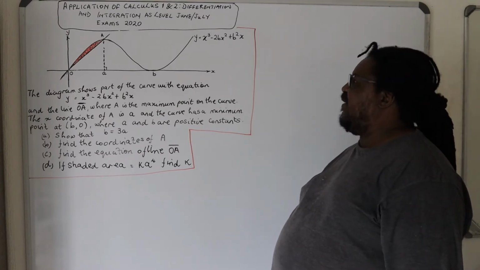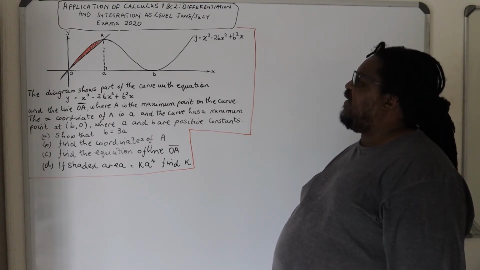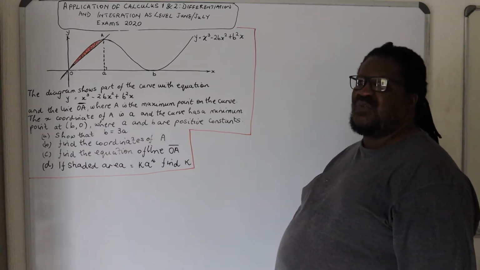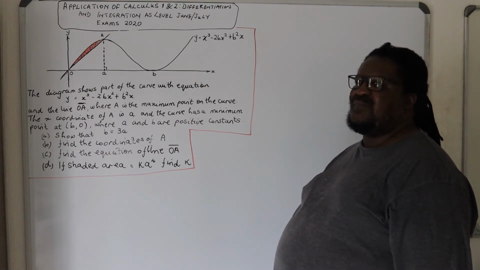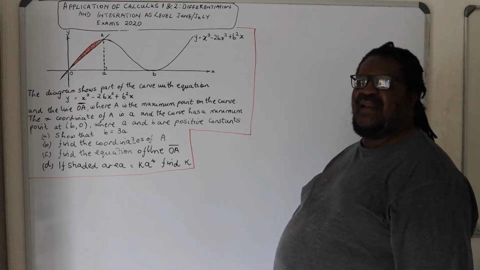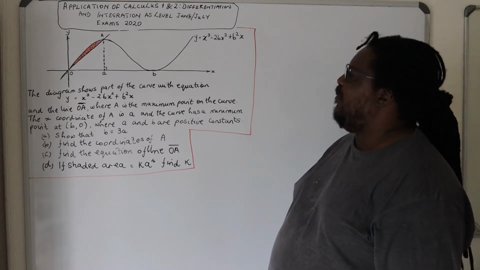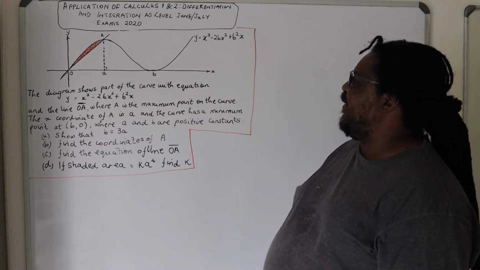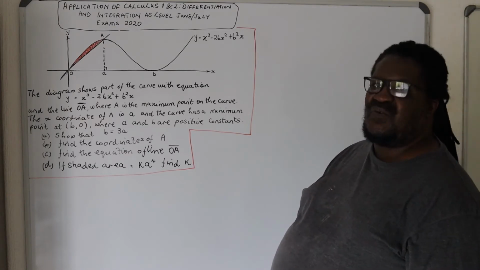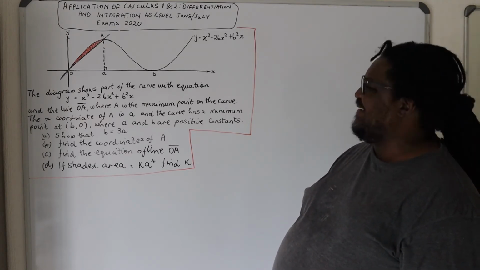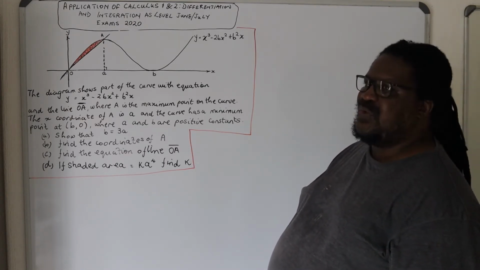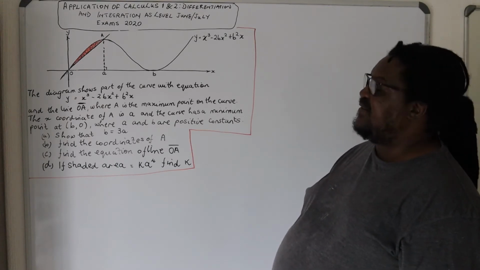symbols or variables. This is a typical example of a question that you would not grasp from lessons in the class, but a question that you would appreciate and understand by going through it and practicing it.